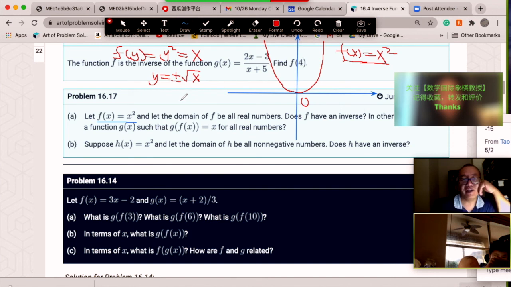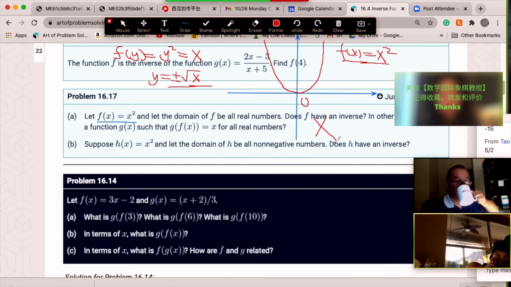So for any x, you get two y values. That means when you draw a vertical line for this function, you get two different y values. This one does not satisfy the requirement of a function. Okay, so that means this one is wrong. You cannot say this one has an inverse function.